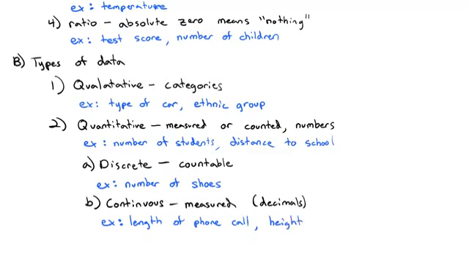That's continuous data. It's measured. Always we can have decimals. You can have half an inch or a quarter. You can have an eighth of an inch. You can do all the decimals in between. That is continuous data. So that's the different levels of measurement we can do with different types of data.